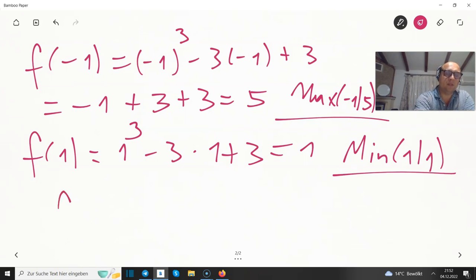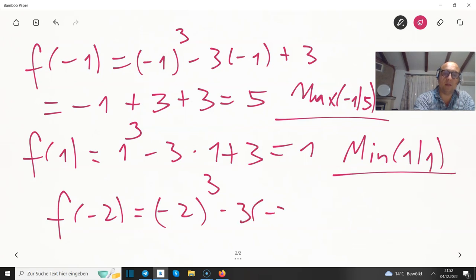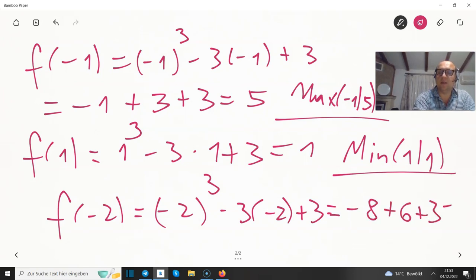So what is the value f of minus 2? That would be minus 2 cubed minus 3 times minus 2 plus 3. So what's happening here? We're having minus 8 plus 6 plus 3. That's going to be 1. So it's actually the same value we previously had.